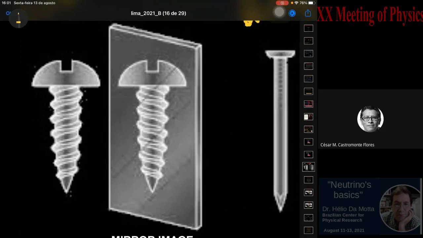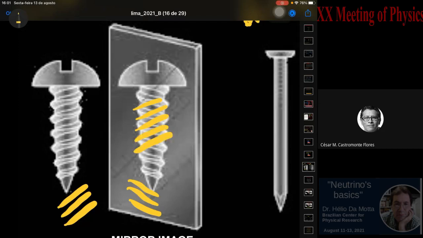See, here we have the thread this way. But the one you see in the mirror is this way. So if I try to get this screw and superimpose it on top of the mirror image, they will not coincide, right? They will not be the same. So a right-hand screw shows in the mirror like a left-hand screw.